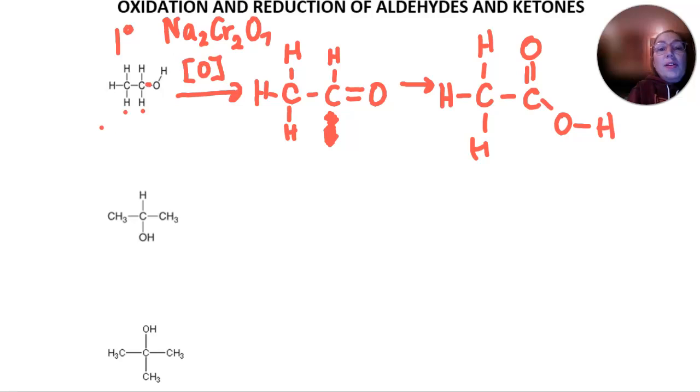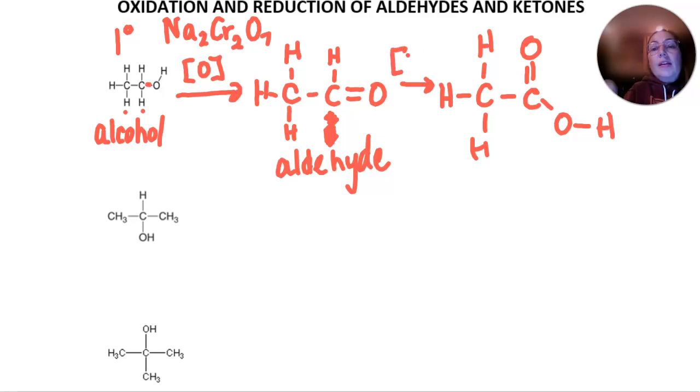So we have our primary alcohol, ethanol, goes to an aldehyde, and then it's oxidized, so O in brackets, further to a carboxylic acid.